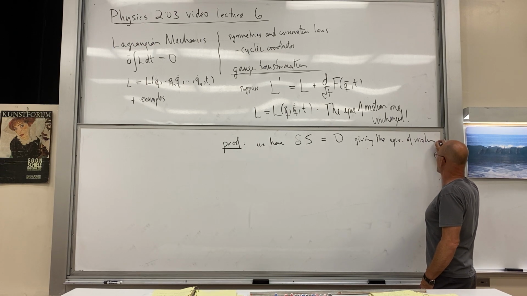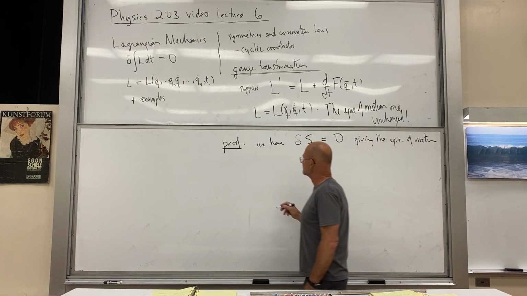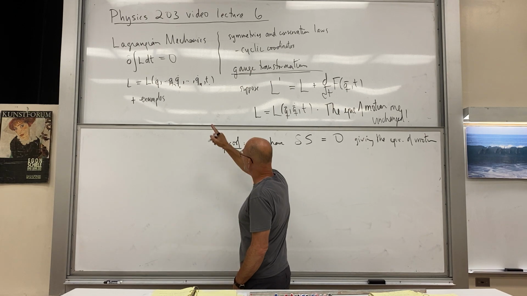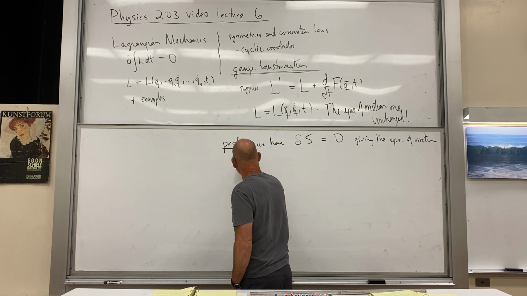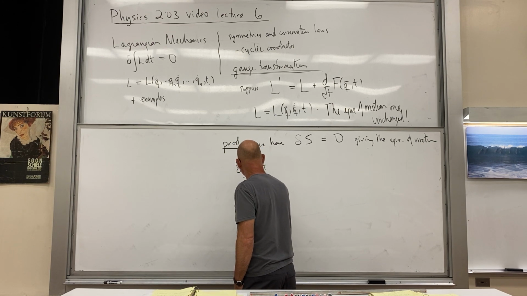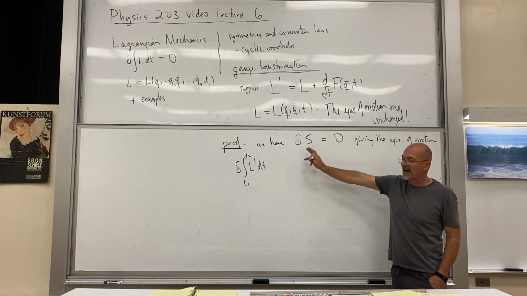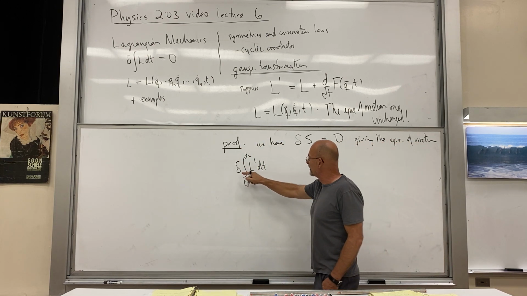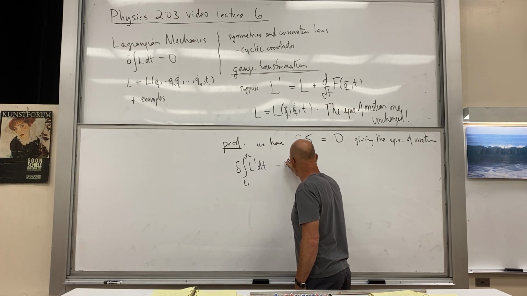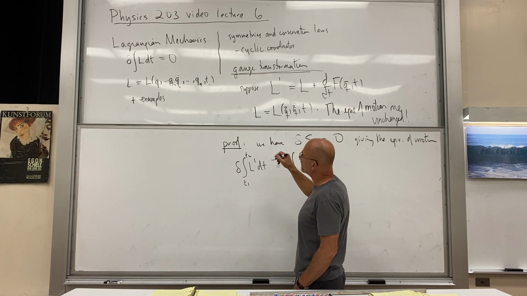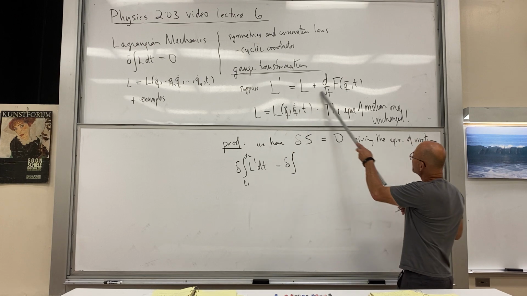So that's what we've been studying, and this S here is, of course, the integral of L prime dt from t1 to t2, that's called the action. So this thing, we could say, is the variation of this half of the definition.